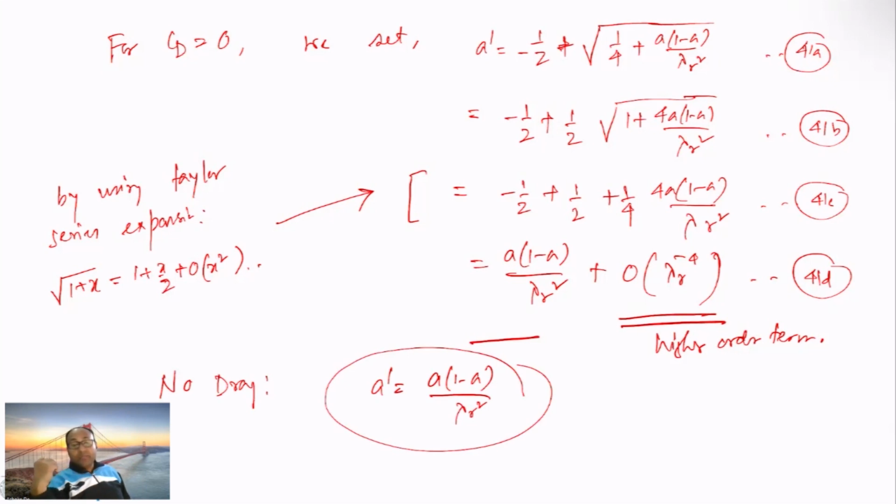But no drag condition is very much a theoretical condition, because whenever these turbine blades are exposed to this rotation and the wind speed and such things, it is very, very difficult to have zero drag condition.